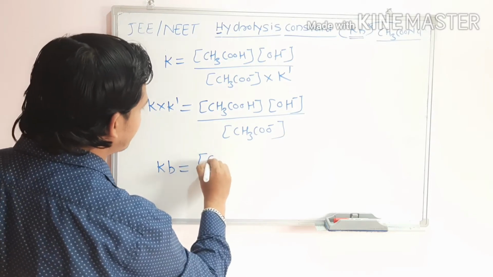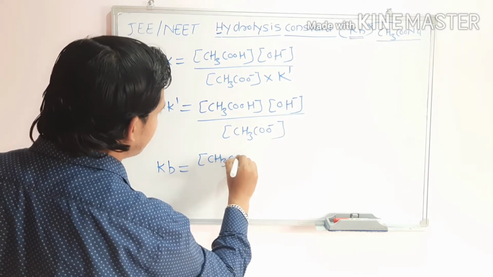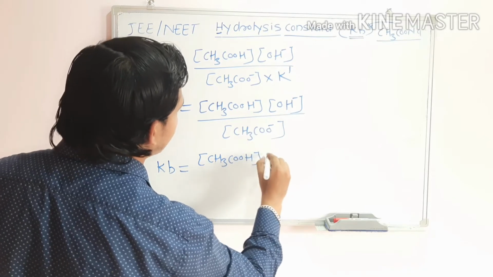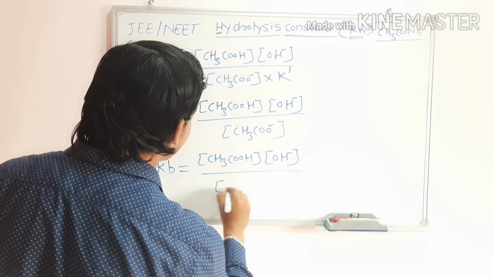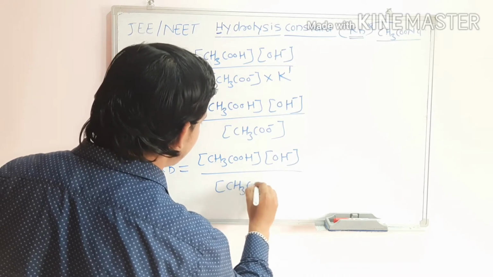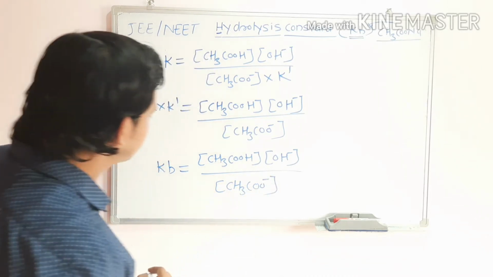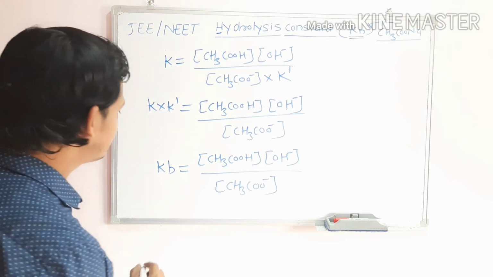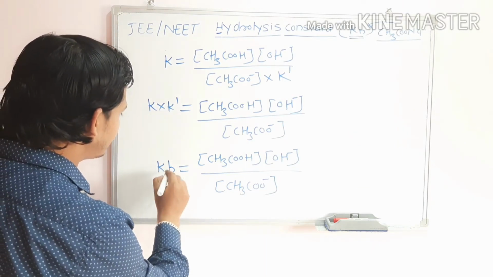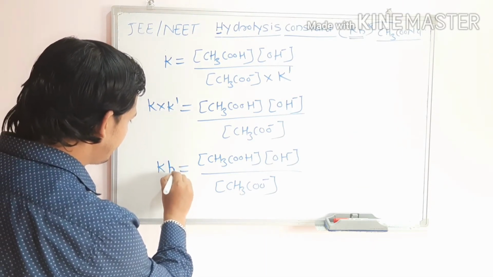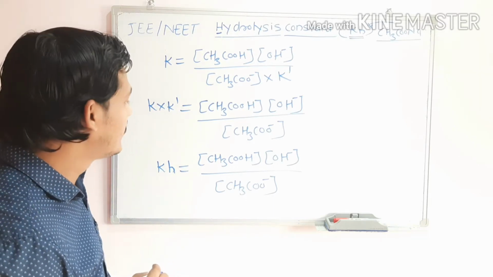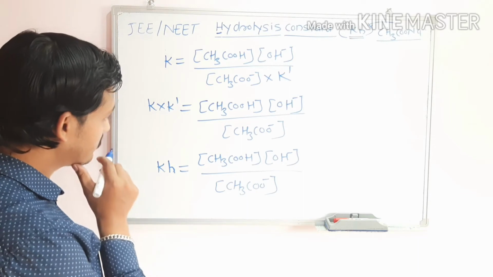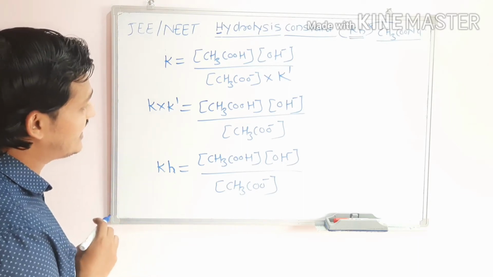KH is equal to CH3COOH in bracket, OH minus, divided by CH3COO minus. Okay, so this is the equation for KH.